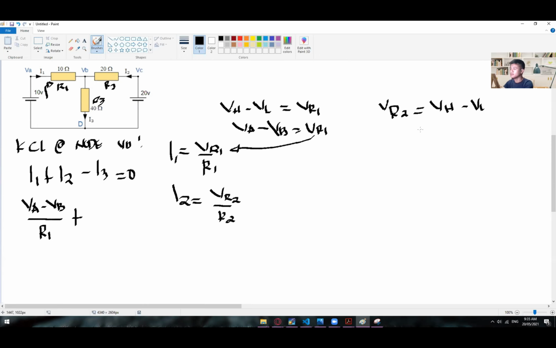So we could say that VR2 is equal to VC minus VB, which is the same as our VR2 right here. You can now use this I2 as our final expression: VC minus VB divided by R2.